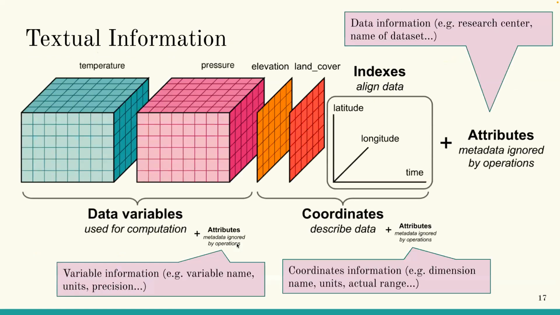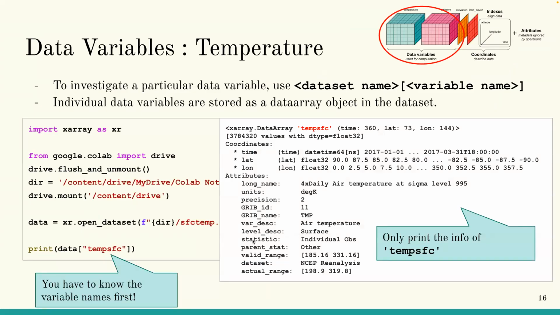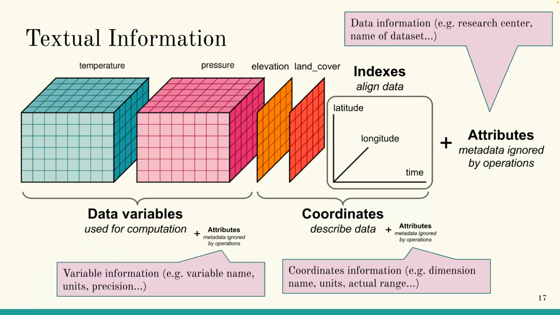So how do we get a hold of this data and then do calculations afterwards? We'll get to that part. Next we talk about the textual information first. I think we have gone through a little bit. There are the attributes of each variable, the attributes of the coordinates, and the attributes of the whole data.